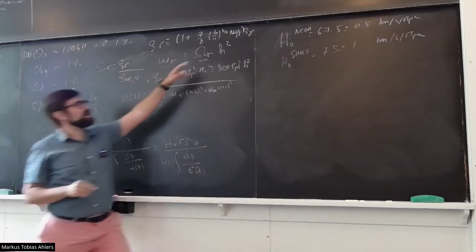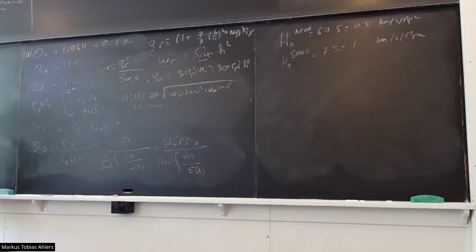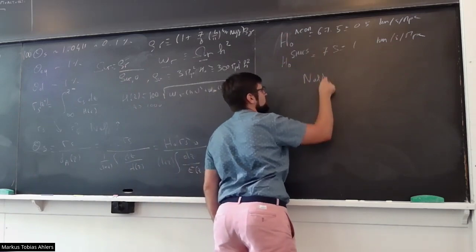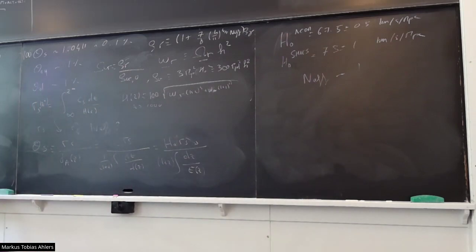Okay? So if I boost N effective, I might decrease the sound horizon, which I can compensate with H naught. Okay? And the value that you find, if you wanted to reach that value, I'm telling you it's order 1. Fortunately, excluded because of those two remaining effects on the CMB.